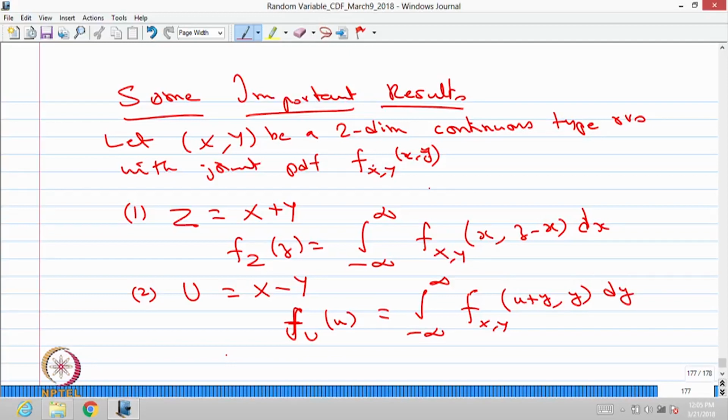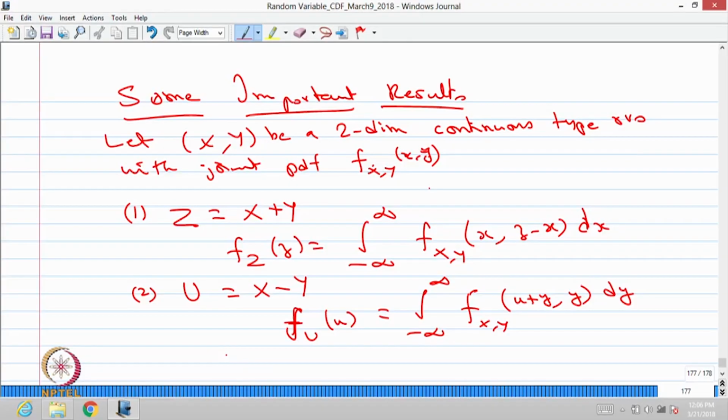One more remark over these results. I have not made the assumption of whether these random variables are independent or not. If these random variables are independent random variables, then you can replace the right hand side joint probability density function by product of probability density functions.